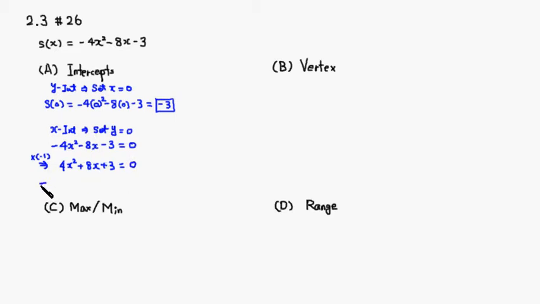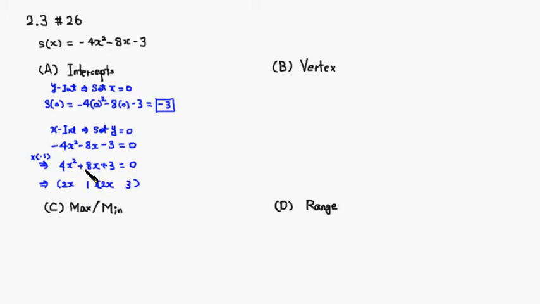Let's try to factor this out. Since we have to make a 4x squared, I would probably have a 2x and a 2x. Since these two numbers multiply together to get 3, it's probably 1 and 3.